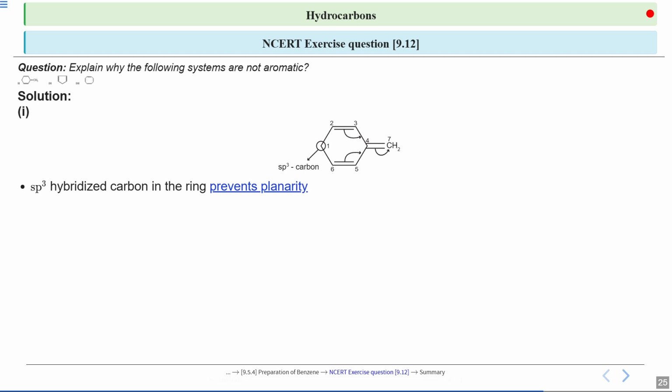This disrupts the planarity of the structure needed for aromaticity, because all atoms in an aromatic ring must be in the same plane for the electrons to move freely around the ring. Even though the compound has 6 pi electrons, which is the right number for aromaticity according to Huckel's rule, it is not enough by itself. Pi electrons are the electrons found in double bonds, and having 6 of them is a good sign. But other conditions must also be met.